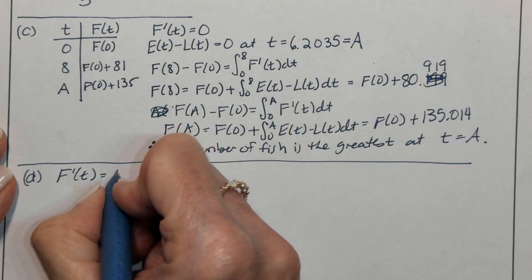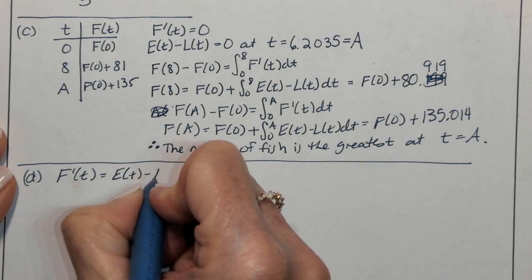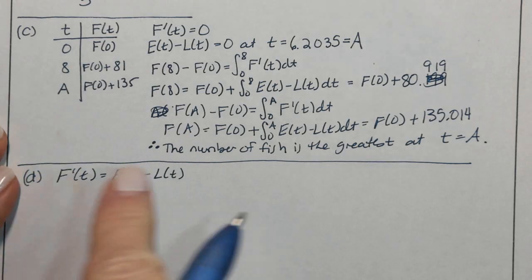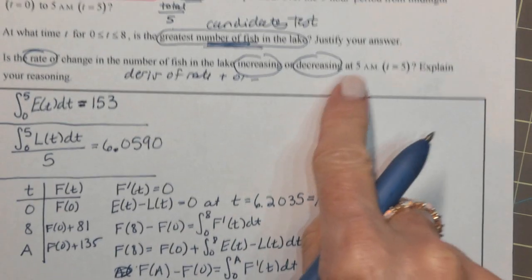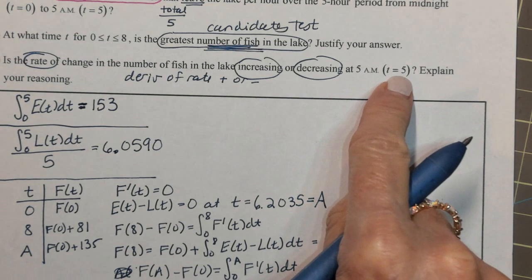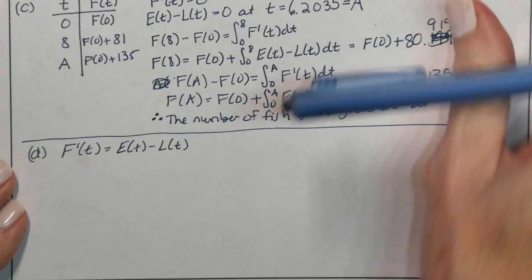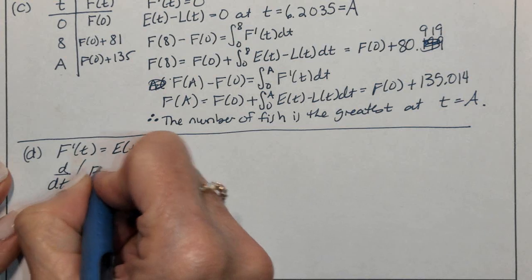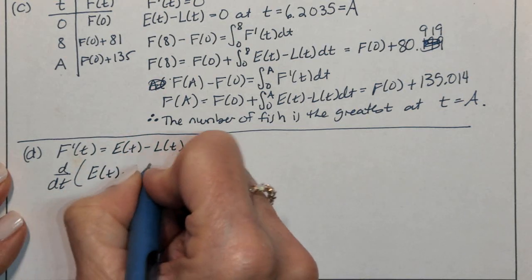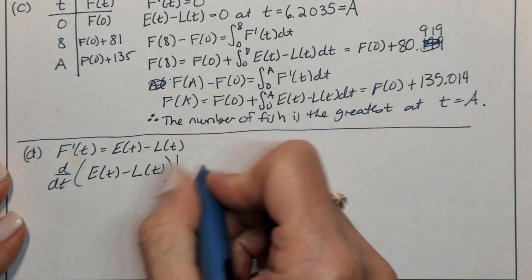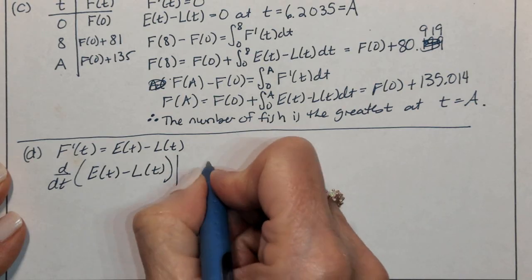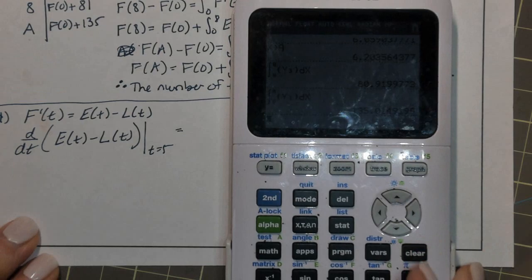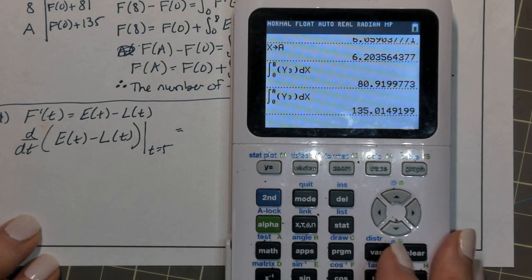That was our E of t minus L of t, right? Is the derivative of that at t equals 5 positive or negative? We're going to use our calculator for that. Don't do that by hand.